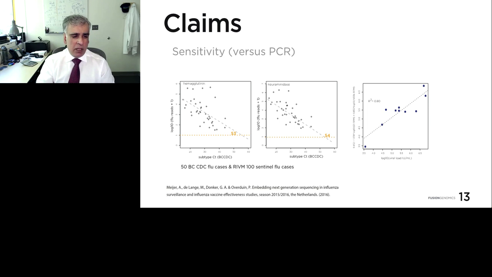These are about 50 influenza clinical samples from the Sentinel screening program, and they were also tested on PCR in a clinical laboratory, and then they were also tested on the ONETest.